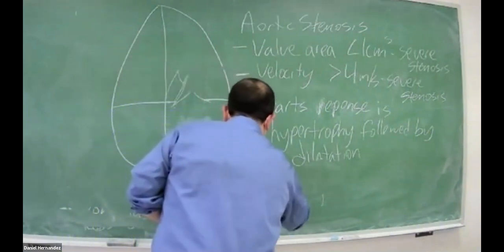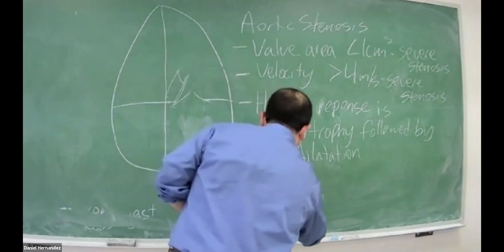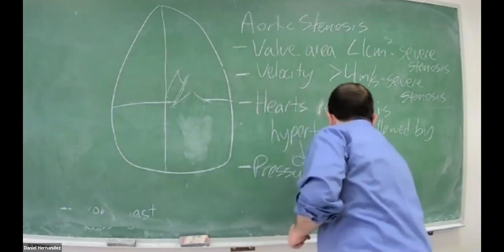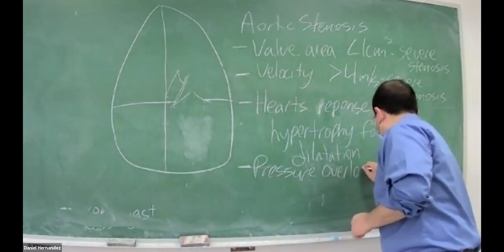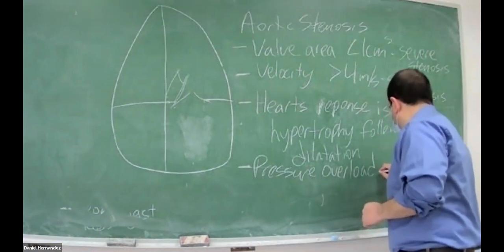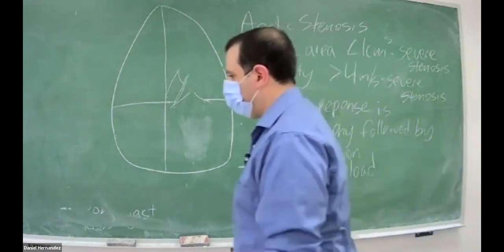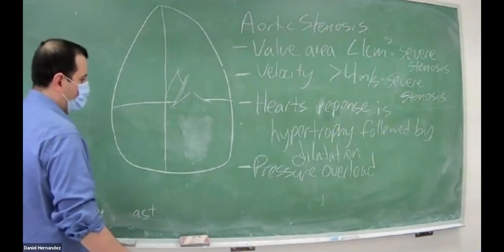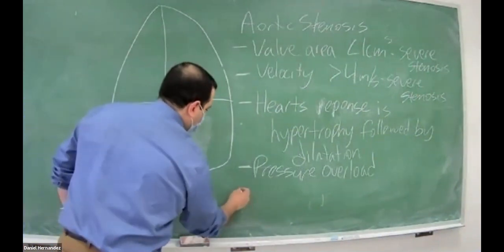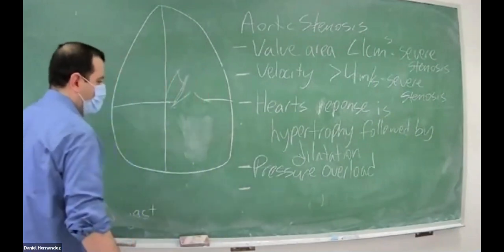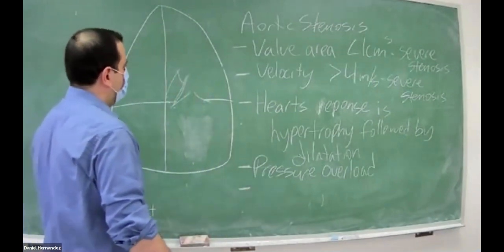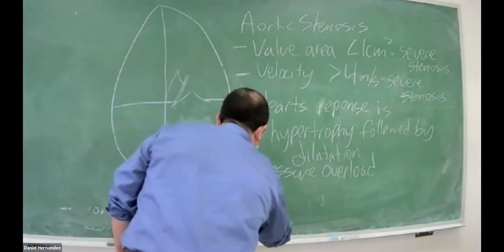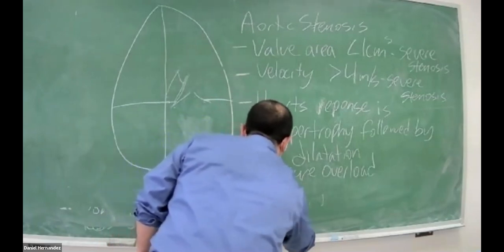So aortic stenosis is considered a pressure overload. It could also be considered something that can affect afterload.